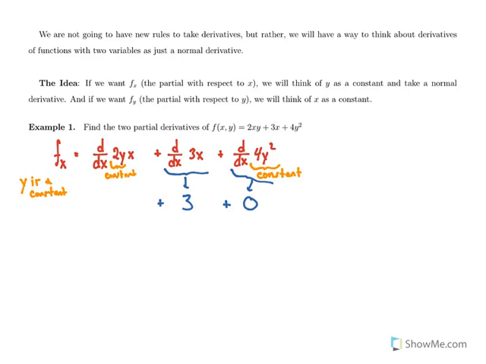And note that that is really going to act as the same thing as this 3 times x. When we did that derivative, we just took the constant as the derivative, and we're going to do the same thing here. 2y is the derivative of 2yx with respect to x. And again, 2y is a constant. We did the derivative of 3x in the exact same way. It's just now given in terms of y. So put it all together. Our derivative is 2y plus 3.